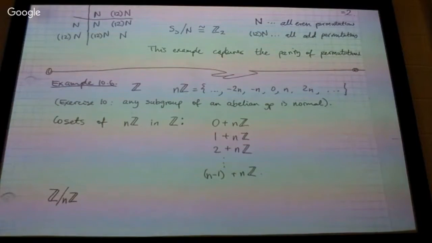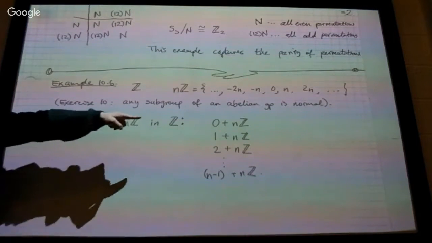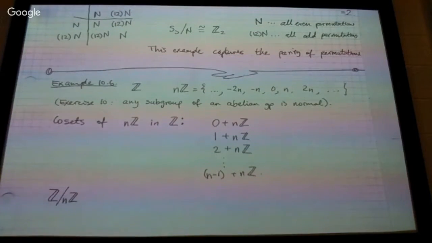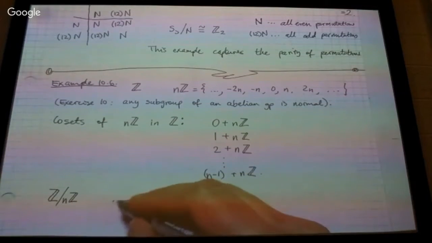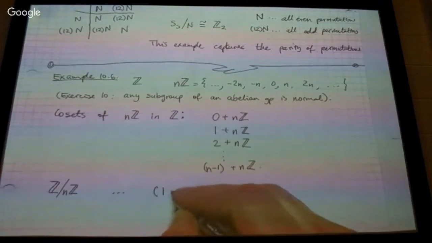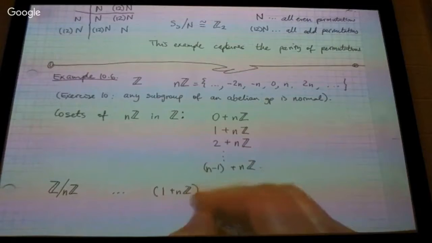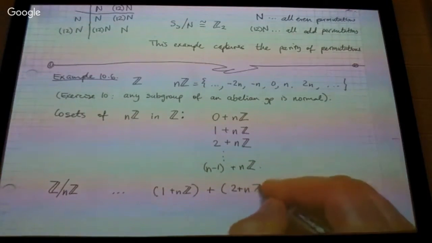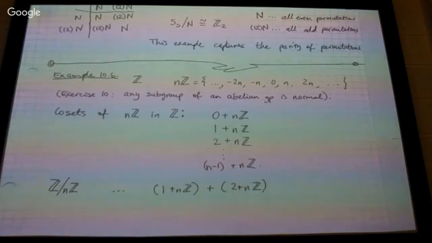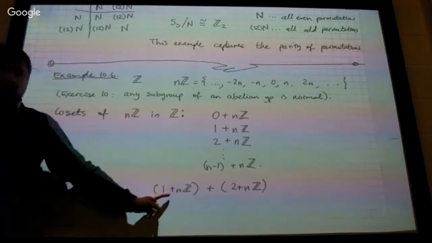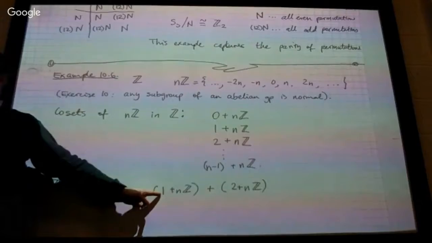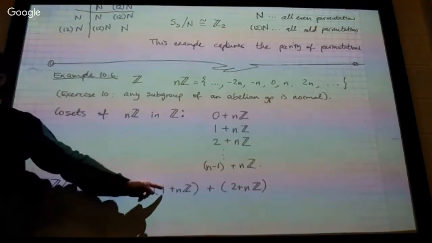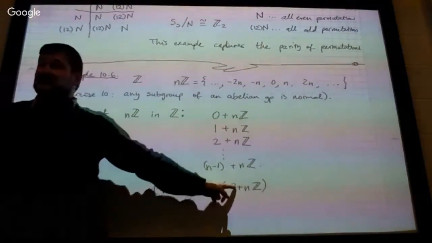So what's the factor group going to be? Its elements are the cosets. So in there, we do things like 1 plus nZ, and you want to add it with 2 plus nZ. This is all the integers that are 1 modulo n, and all the integers that are 2 modulo n.